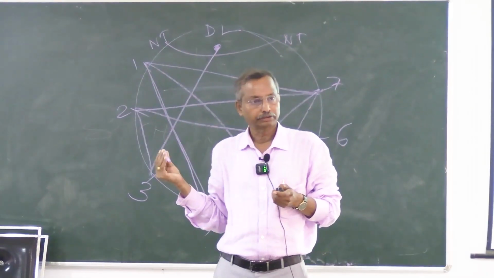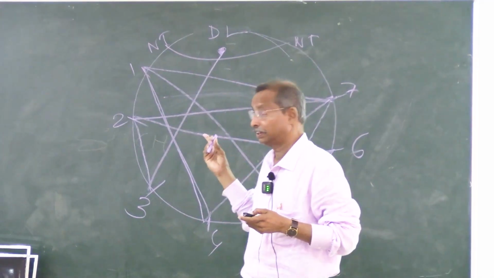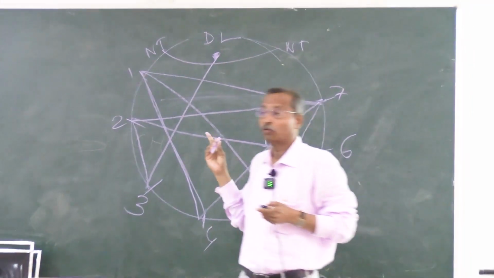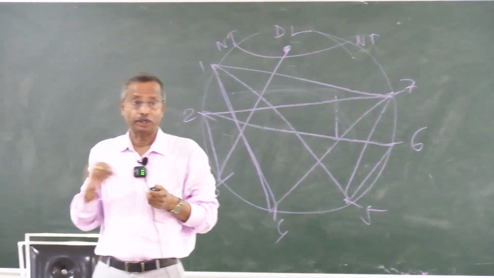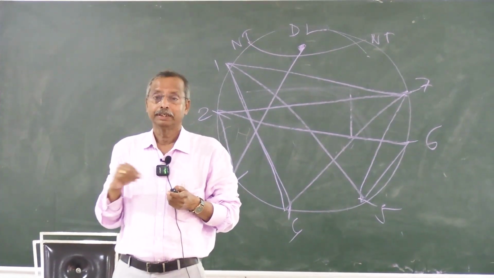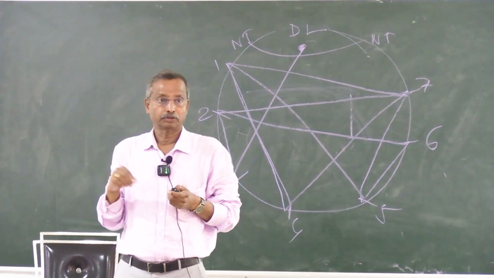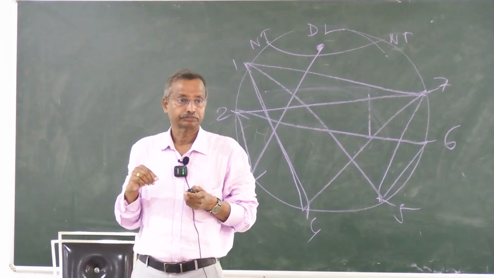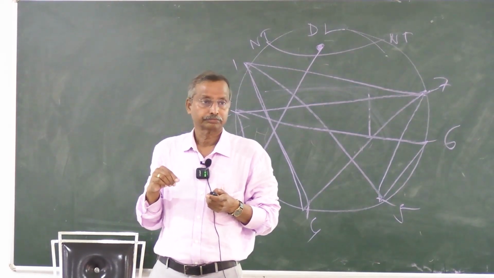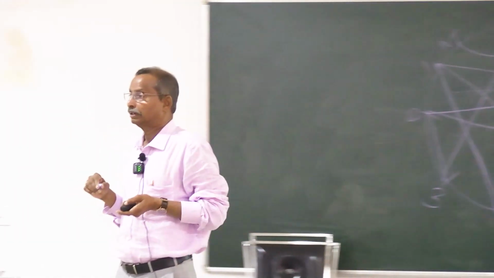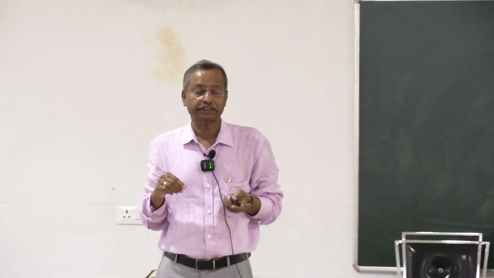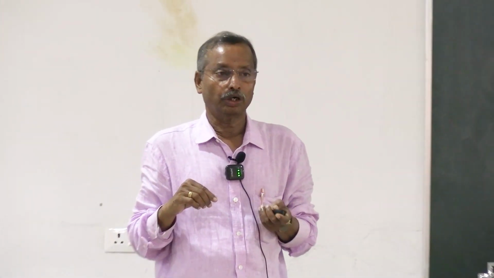This sketch will be drawn by one note taker, and one note taker will write the voice of each and every participant. Clear? So from the sketch itself we can tell whether the group discussion was fruitful or not.